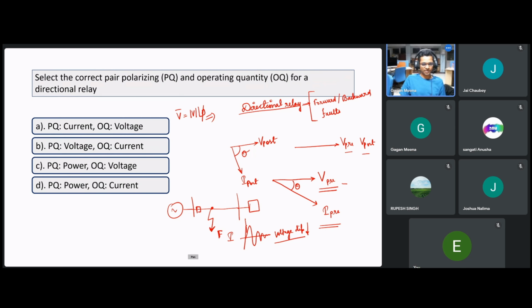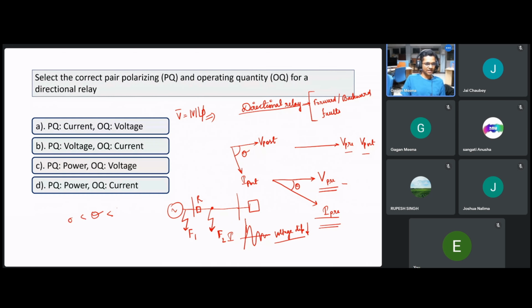And depending upon, suppose the relay is here, so whether the fault is here or here, that will determine the fault path impedance, and that will also decide the current phasor.